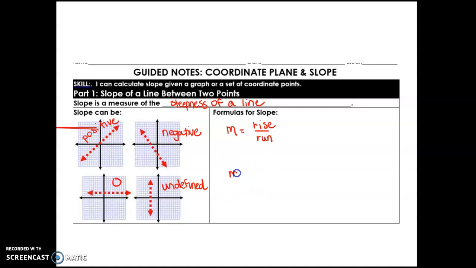And the other formula we're going to use is when we're given 2 points. It's going to be y2 minus y1 over x2 minus x1.